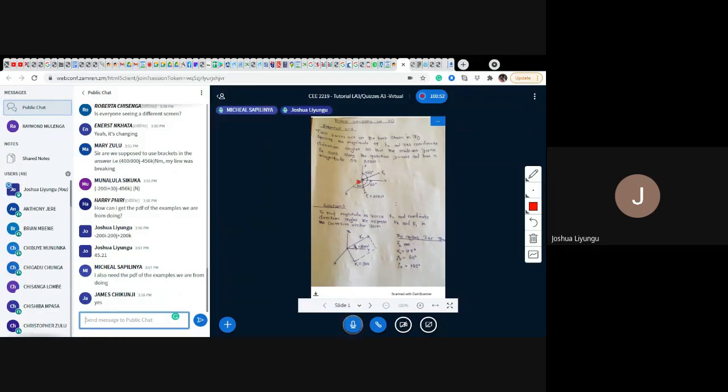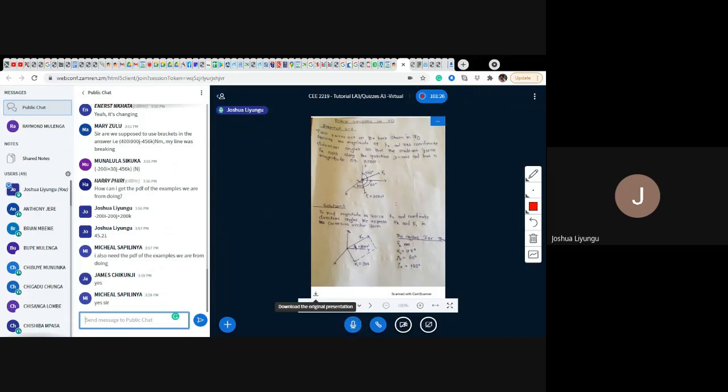If you can see that arrow, just click on that arrow. You'll be able to download that. You have seen it? Those using Google Meet, check. There is a link, there is an attachment. Just click on the attachment, you'll be able to download those solutions.